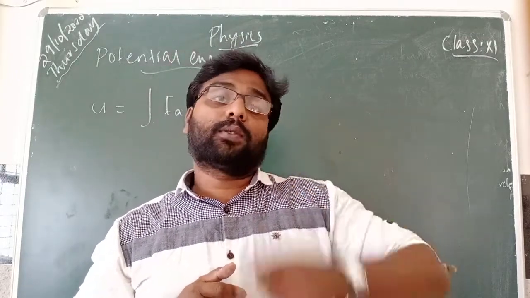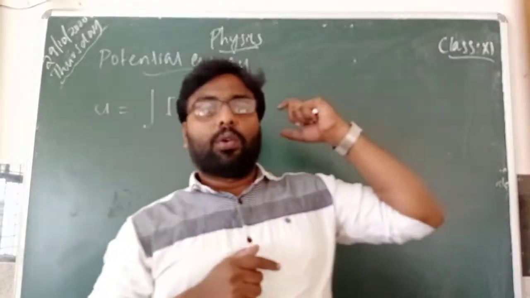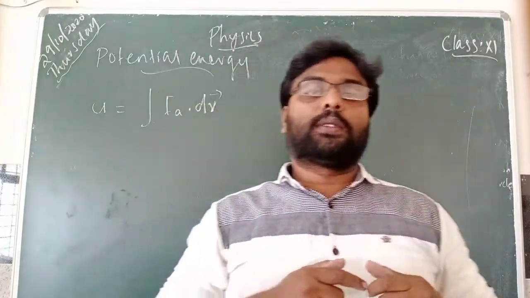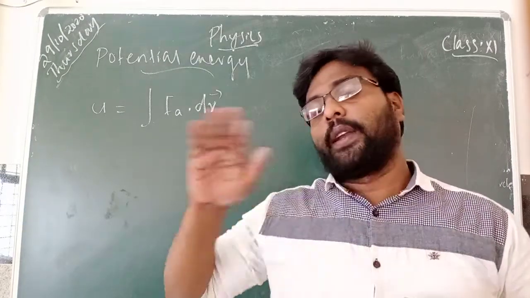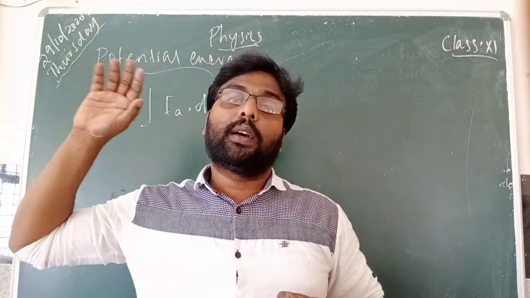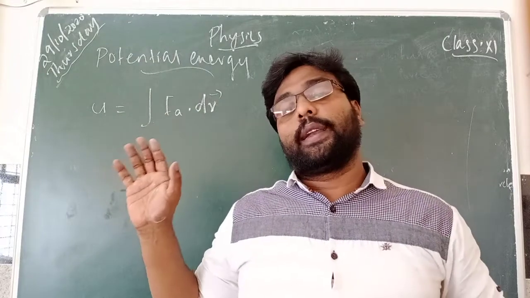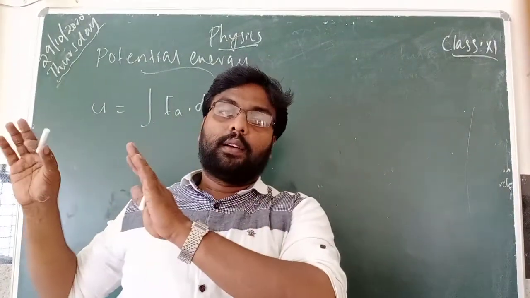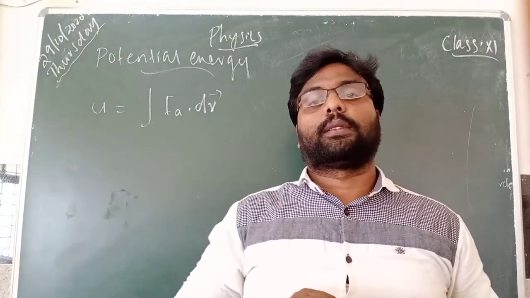Like that, electrostatic potential energy is another type of energy, due to electrostatic force on a charge. You know, there is always charge flow in a conductor. This charge flow is due to the electrostatic force. That possesses electrostatic potential energy.